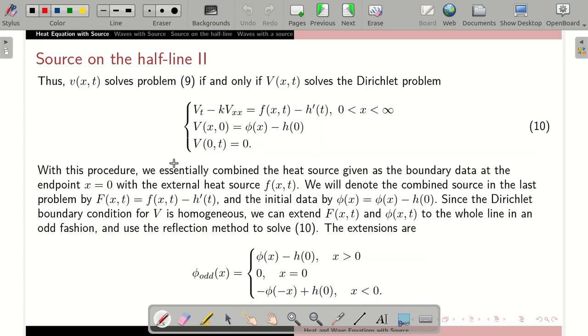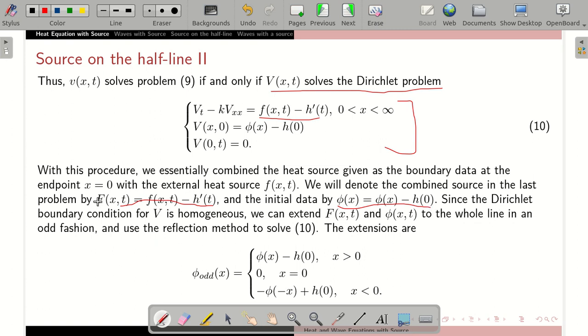So now small v solves the problem if and only if capital V solves the Dirichlet problem. So finally you have this equation as we wrote previously. So now you have changed the whole heat source with f minus h dash t, and the initial data is now phi x minus h0.